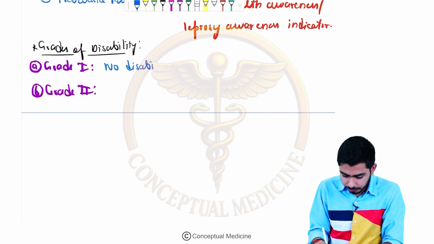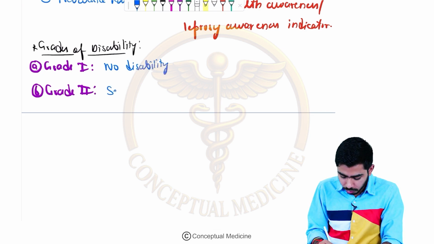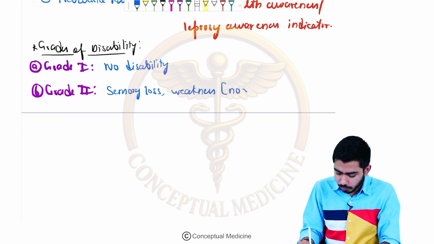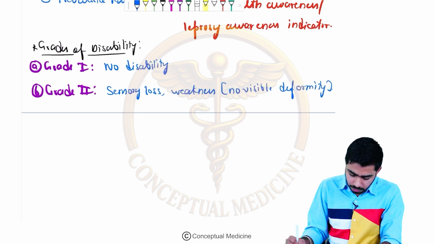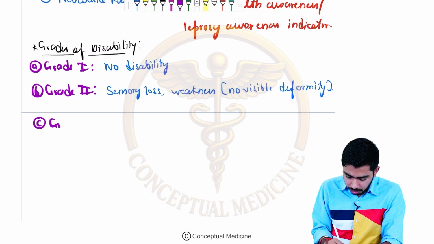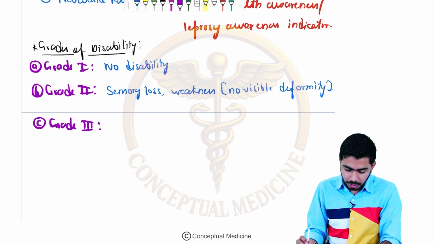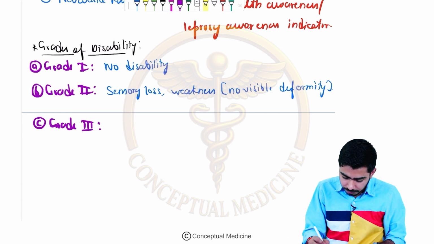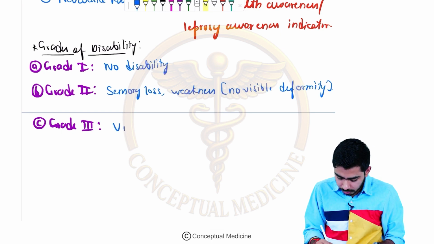In grade 2 there could be sensory loss or weakness, but no visible deformity. And in grade 3, obviously, the deformity will be visible, probably in multibacillary leprosy. So in grade 3, there will be visible deformity.